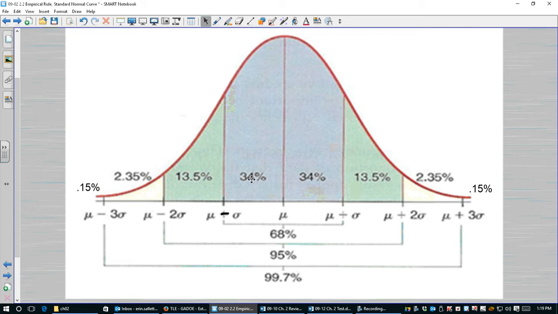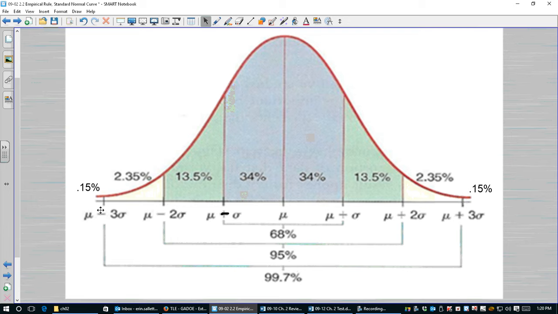Within one standard deviation, this piece to the right of the mean and one standard deviation is worth 34%. It's where 34% of your data is. And a mirror image, because this distribution is symmetric, 34% is between the mean and one standard deviation to the left. You go out another standard deviation, you add another 13.5% on each side.